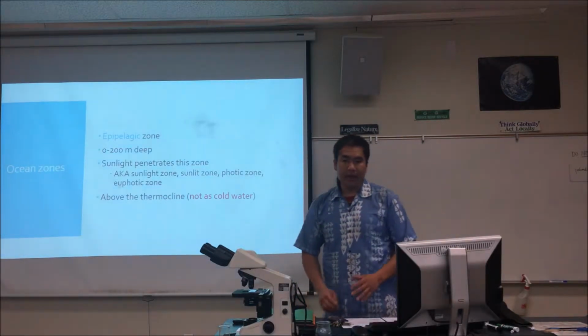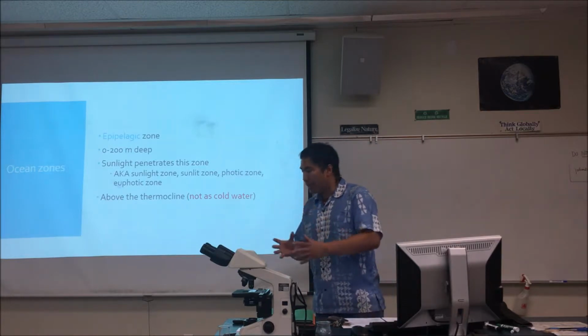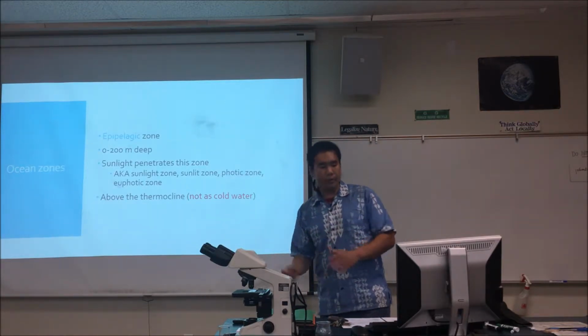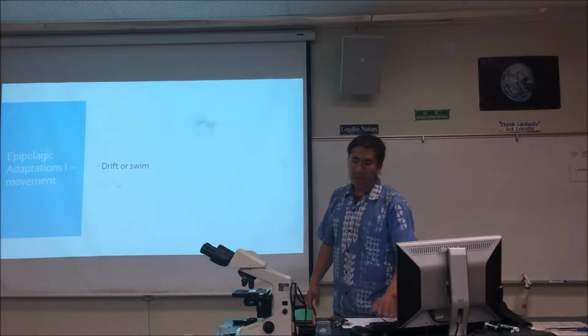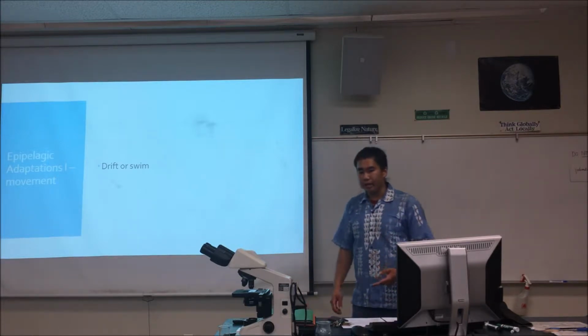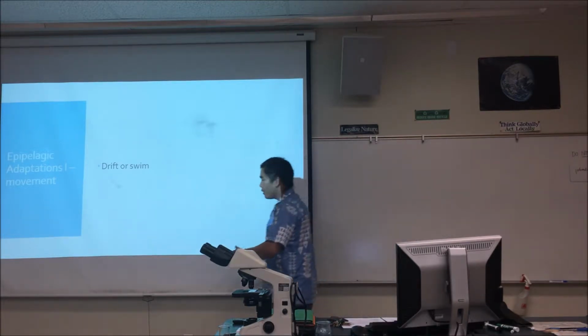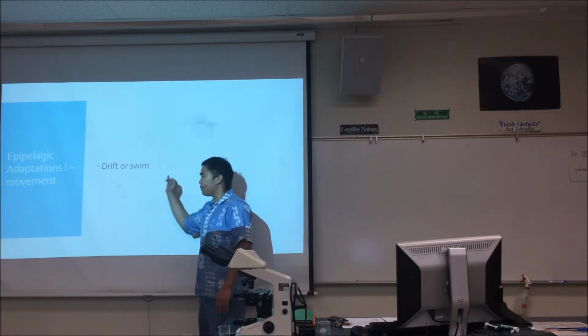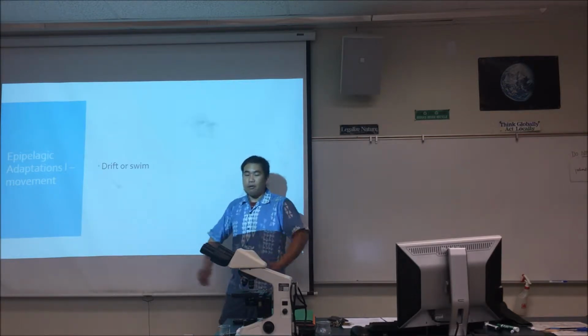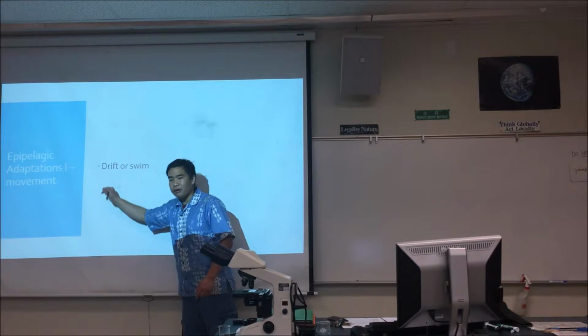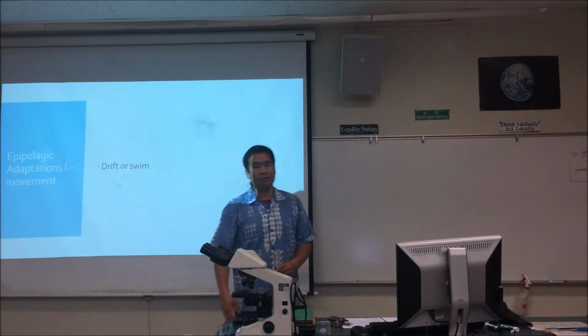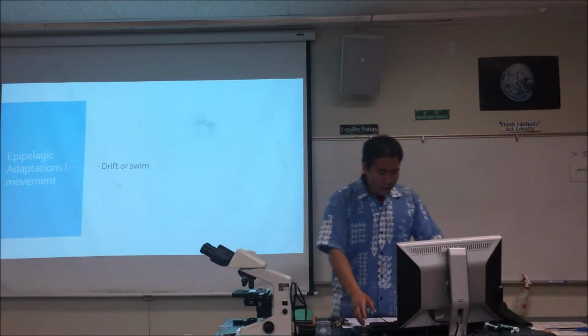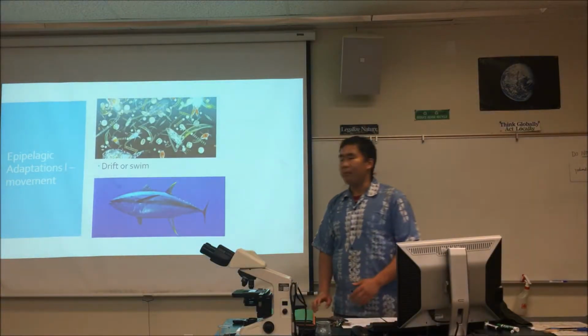Okay, so let's take a look at how the organisms are able to live in the top 200 meters. Well, if they want to move around, there are two ways. You either drift or you swim, right? Now, we just finished a whole lecture on organisms that drift around. What are those called? Plankton, exactly. So if you drift, then we call you a plankton.